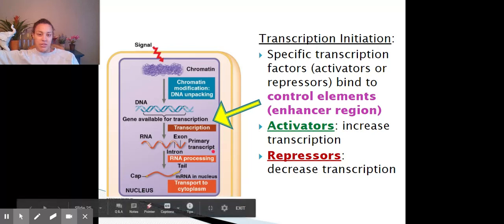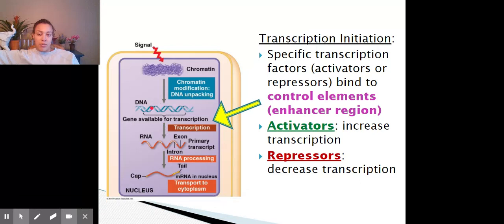Anyway, I'm going to skip ahead to our other areas of gene expression modification. The next step, once DNA is unwound and those genes are present, is the transcription process. Again, we talked about activators versus repressors and how they can increase or decrease transcription.